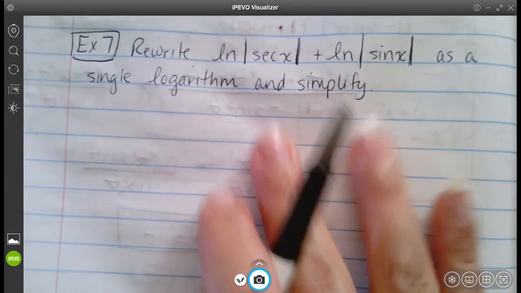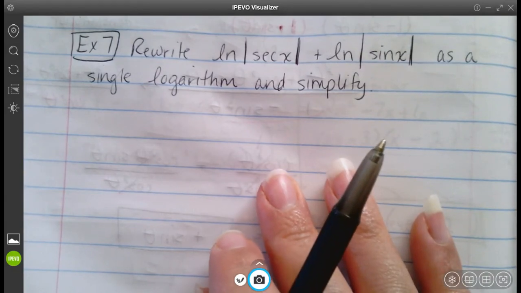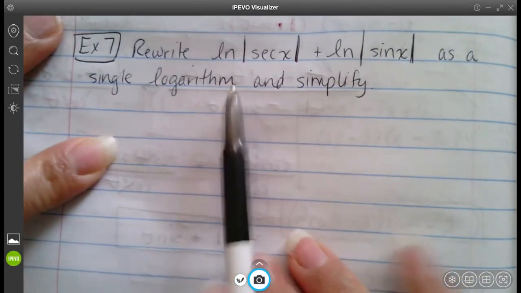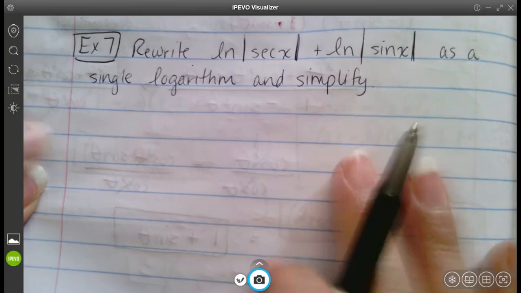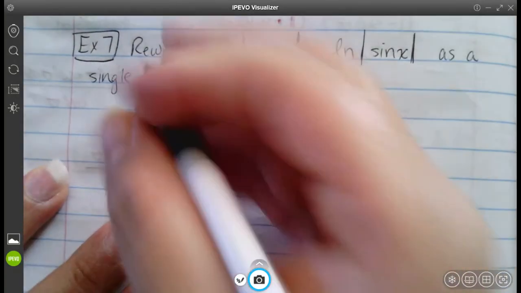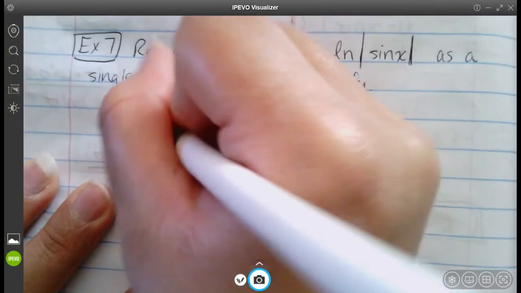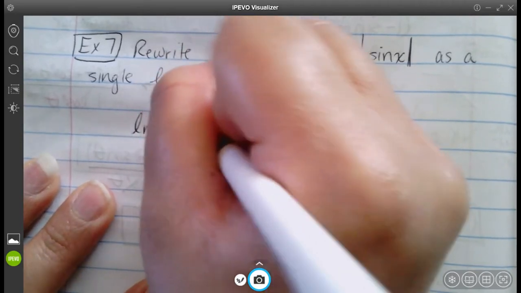So we do have to go back a little bit to our logarithmic knowledge, I should say. And we're going to use the rules of logs, in this case natural log, to make this work.